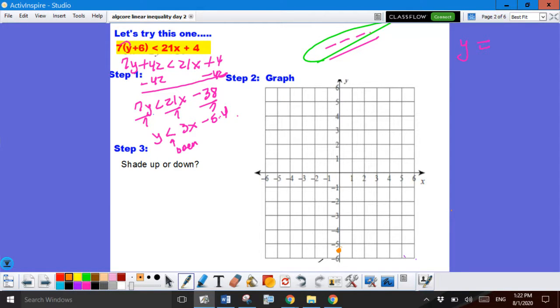And then I'm going to be going up 3. Remember, this is 3 over 1. So 1, 2, 3, and over 1. 1, 2, 3, and over 1. And I know this is a dashed line.